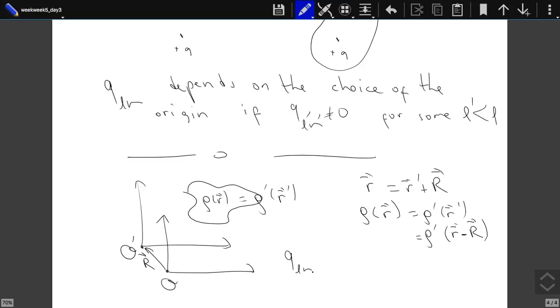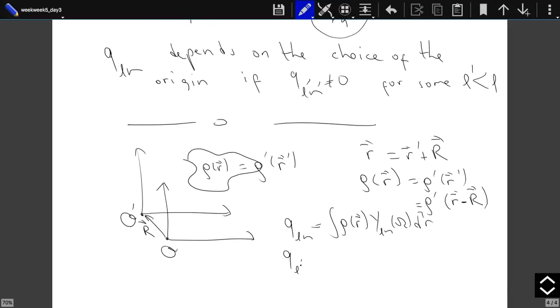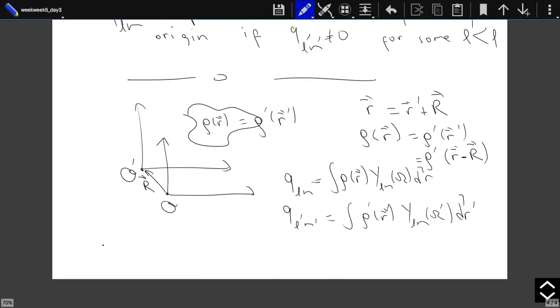And let's say Q_LM is equal to the integral of rho of r Y_LM, and Q_L'M' is the integral of rho prime of r prime Y_LM of omega prime d cubed r prime. So let's make a change of variable.